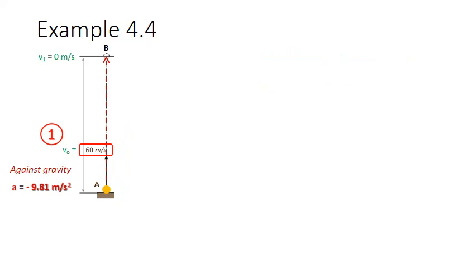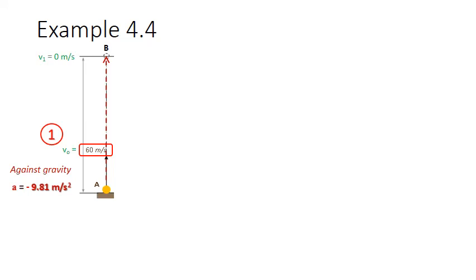Next, part B asks us to find how much time will it take from the instant of projection for the ball to reach a height of 30 meters above A on its return journey. So the question is basically asking us to find the time taken from point A to B and from B to C. We have to solve the time taken for both stages of motion.